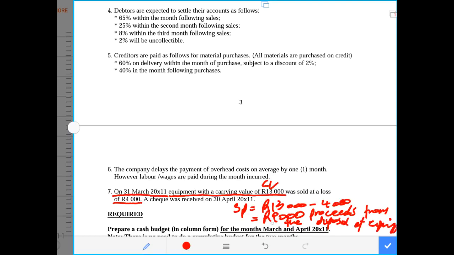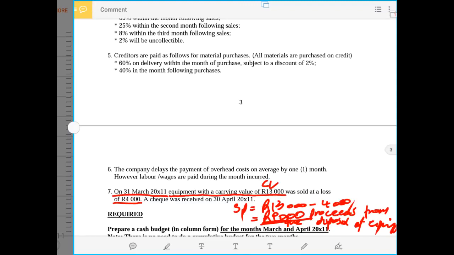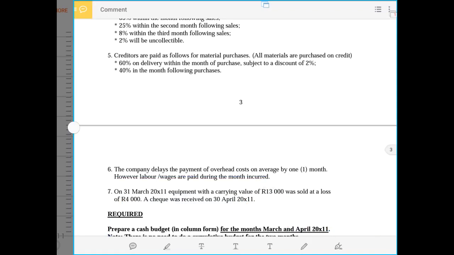So this is the amount that will be recorded, 9,000. That is the cash that we received, which was lower than the carrying value.